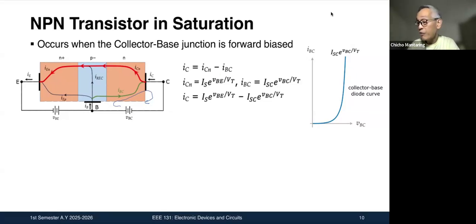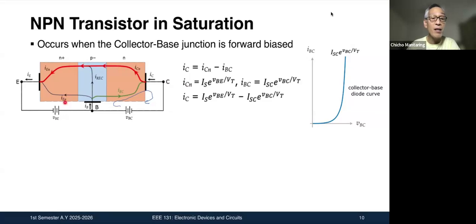You can compute for ICN using your forward active relationship, that's I sub S e to the VBE over V sub T. This component, ICN, only really depends on VBE.